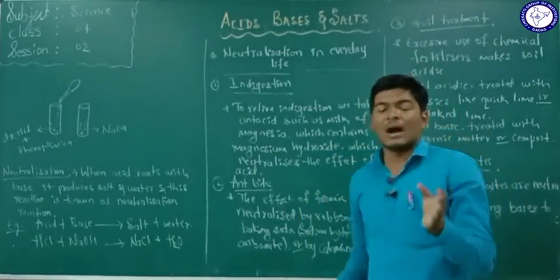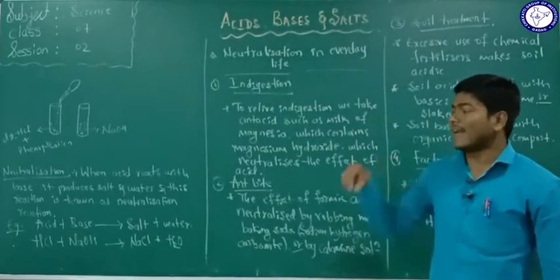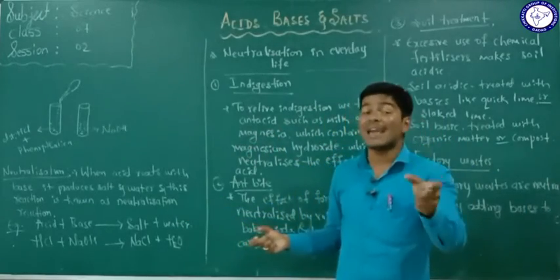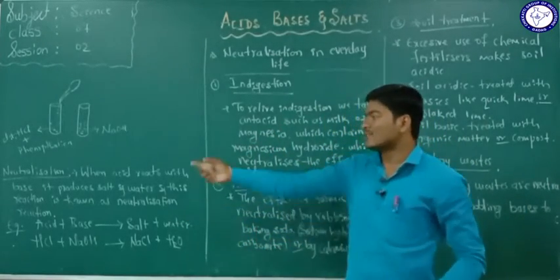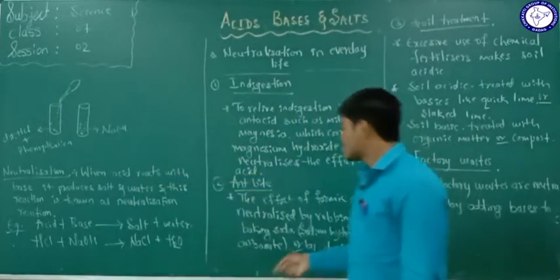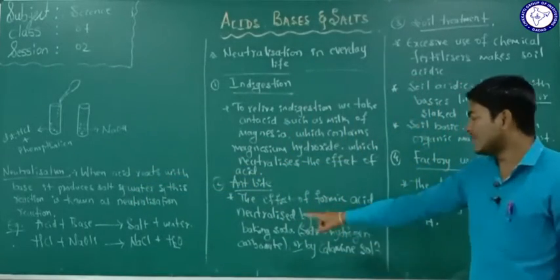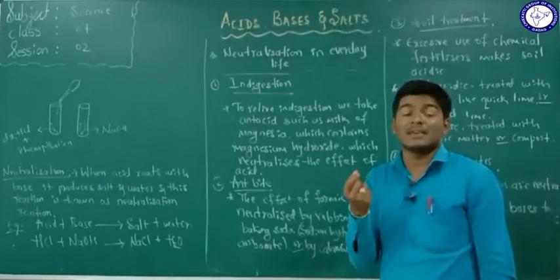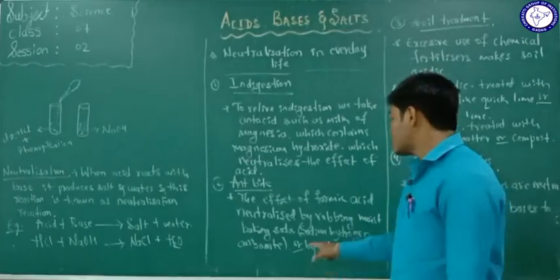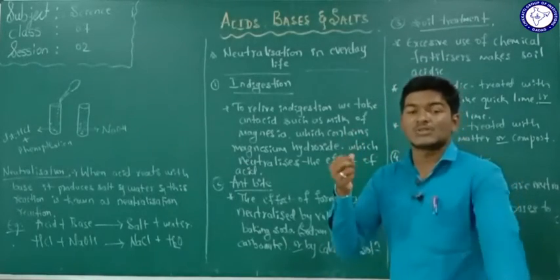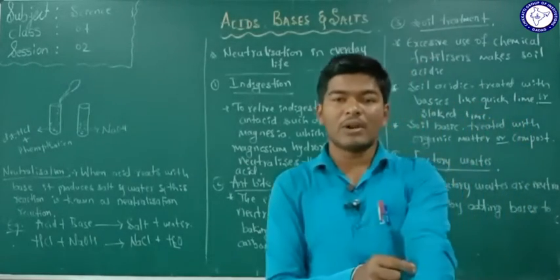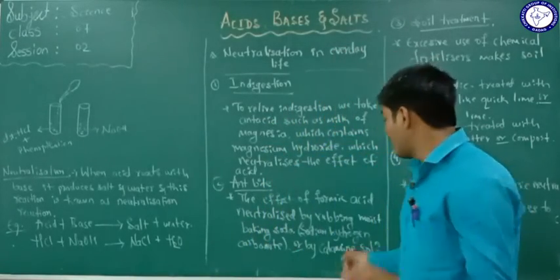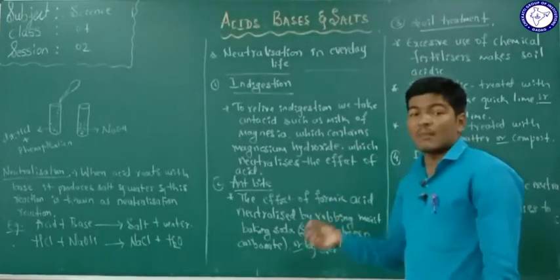Again we have to take a base to neutralize the effect of the formic acid. That is nothing but neutralization. The effect of the formic acid is neutralized by rubbing moist baking soda. Baking soda is nothing but sodium hydrogen carbonate. So when any ant bites your body, to get relief from that burning pain, you have to rub moist baking soda.